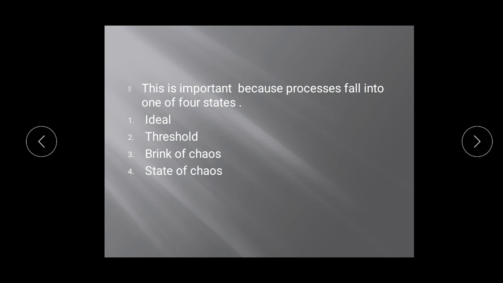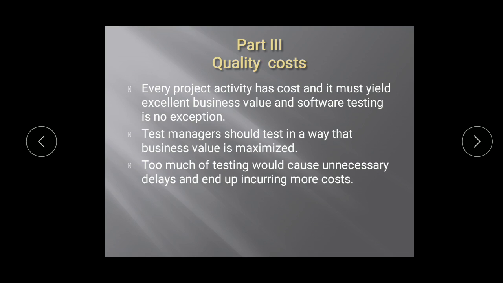So after that, the next topic which comes is quality cost. So quality cost is part 3 of this unit, that is chapter 3 unit 3 part 3, the end part of this chapter and the syllabus as well.